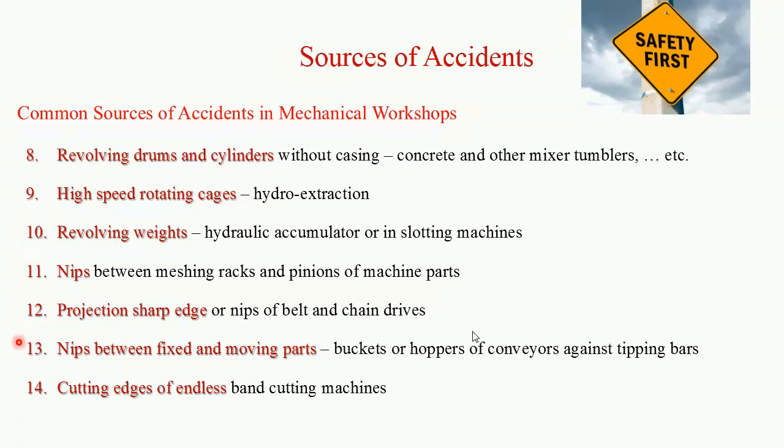Some other sources of accidents are listed here too. They are revolving drums and cylinders without casing, concrete and other mixture tumblers, high-speed rotating cages like those of hydro extractors, revolving weights, for example a hydraulic accumulator or slotting machines, the nips between machine racks and the pinions of machine parts, projecting sharp edges or nips of belt and chain drives, and the nips between fixed and moving parts, that is, buckets or hoppers of conveyors against the tipping bars.